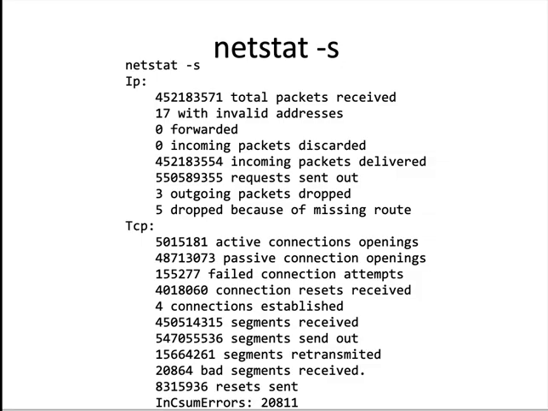So netstat -s, depending on what you're looking for, might be interesting. If you think that somebody has installed peer-to-peer network or file sharing software, you're going to see a lot more packets than you would on a machine that was not running that type of service.